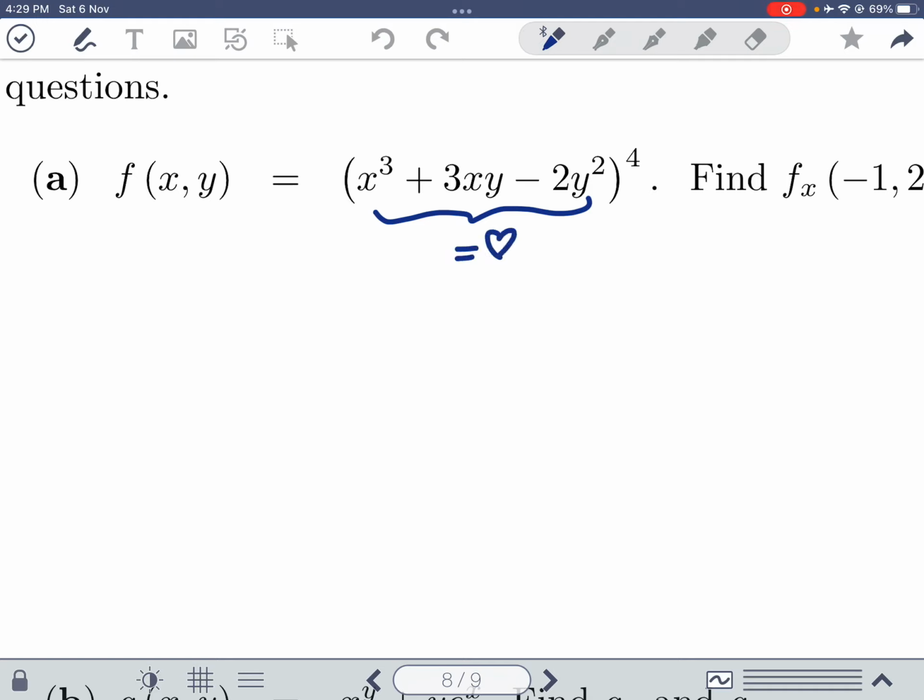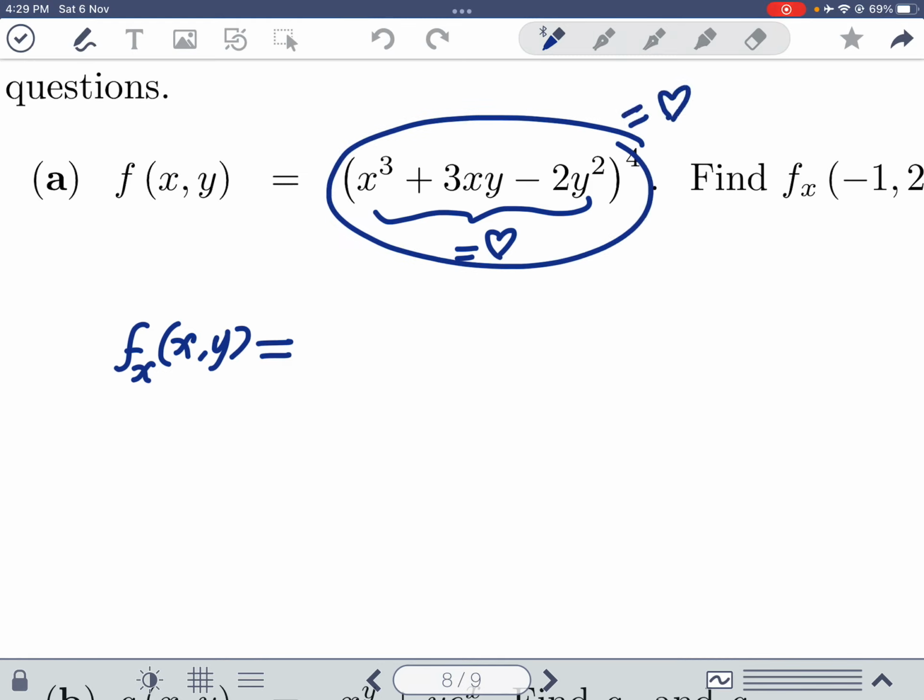And so in this case, we know from the chain rule that the partial with respect to x of the function, if you write it as heart to the power 4, so the entire thing, the derivative of this is 4 comes down, then you subtract 1 from 4, you get 3. This is the power rule, but because heart also depends on x, you need to take the derivative. That's the chain rule. So derivative with respect to x.